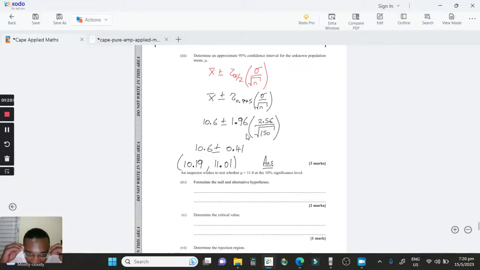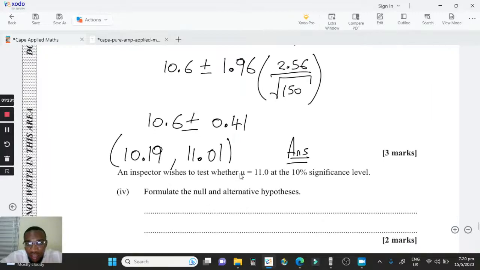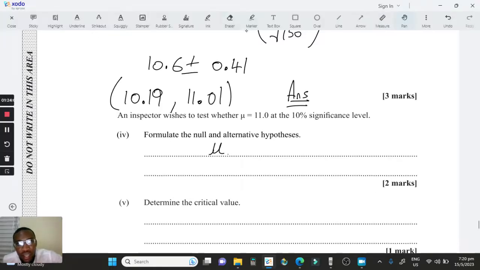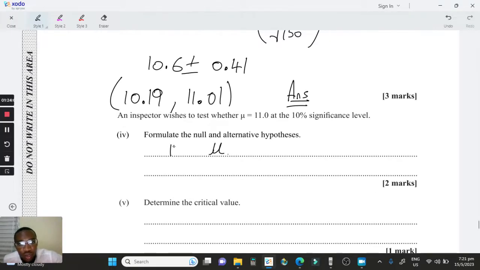Now it says an inspector wishes to test whether the mean is 11. That's what the inspector believes. So state your null hypothesis. H0, the null hypothesis, is our null.